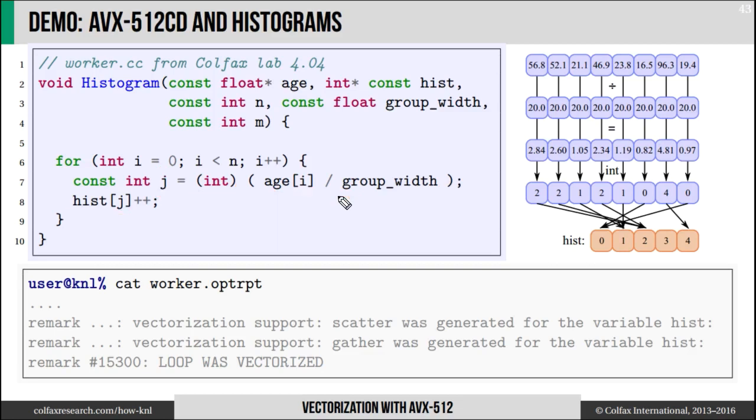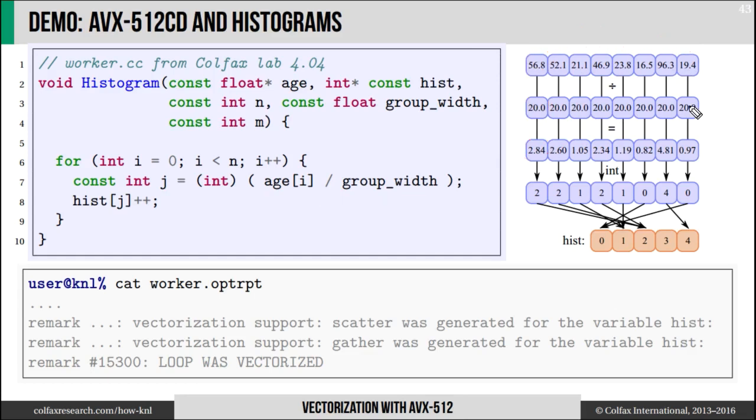Clearly, there is opportunity for data parallelism in this code. If I can take one age and divide it by the group width to get this intermediate number, clearly I can do it for several ages at the same time by loading them into vector lanes and dividing this vector by a vector in which every lane is equal to 20, the group width.